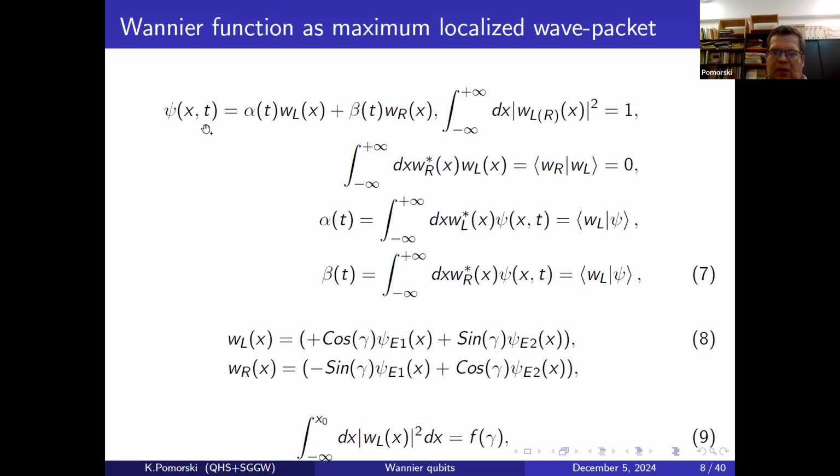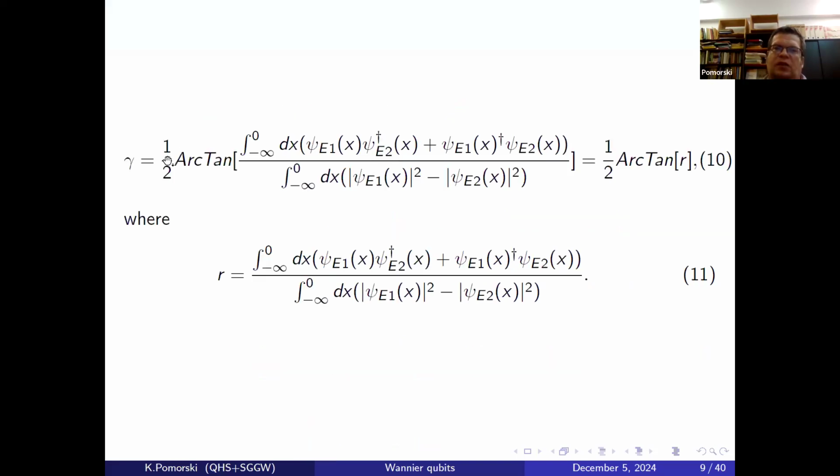Obviously, doing so, you need to compute the derivative of f with respect to gamma and set it to 0. This will lead you to equation number 10, which actually gives you the prescription for the gamma coefficient. And this is done for nanowires of any topology.